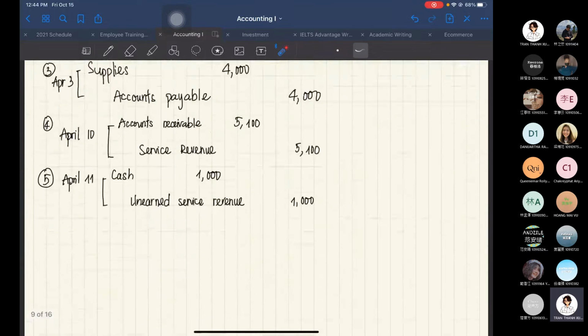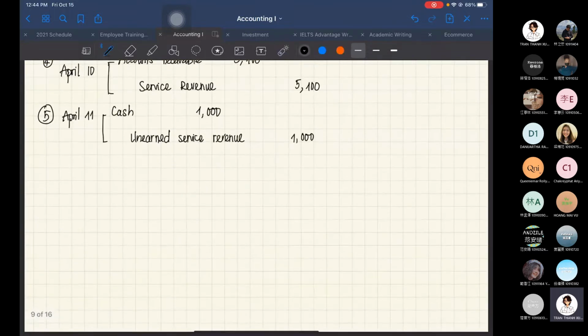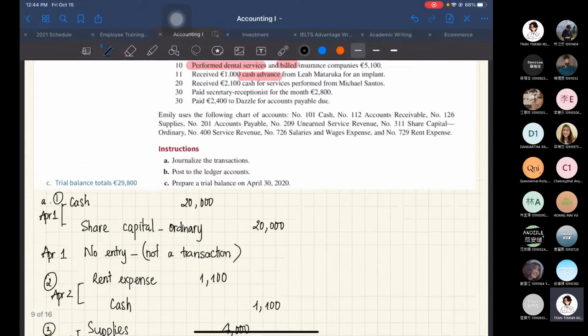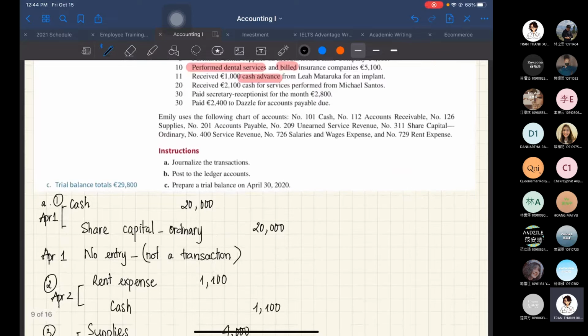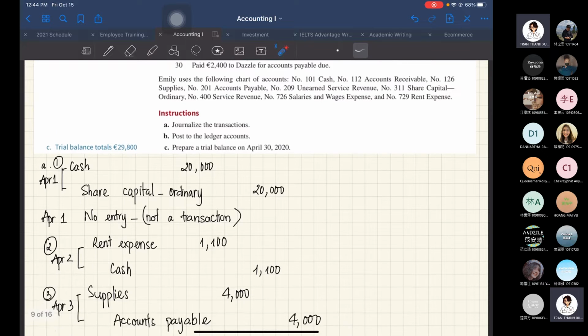Okay, the next one is April 20. What happened on April 20? Received 2,100 cash for service performance.